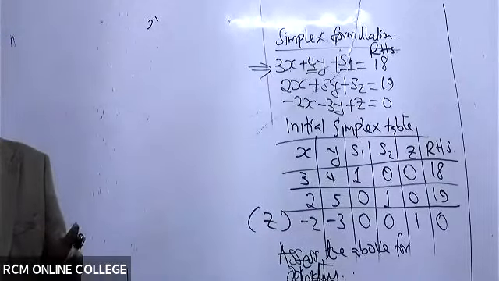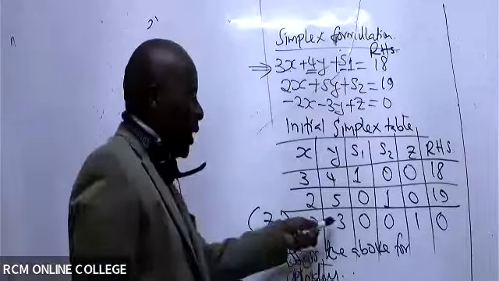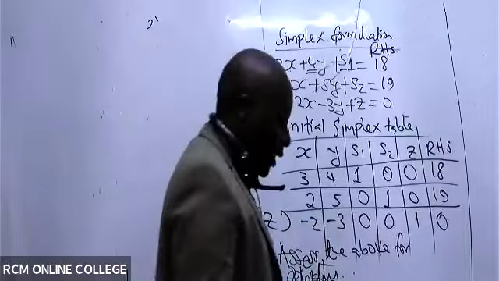Optimality, we are asking ourselves, is this the very best table? It can't be the best table, and yet we are seeing losses. In this Z equation, you can see there are losses. There are negatives.